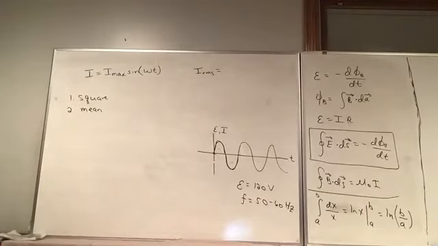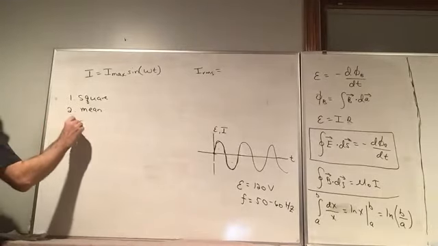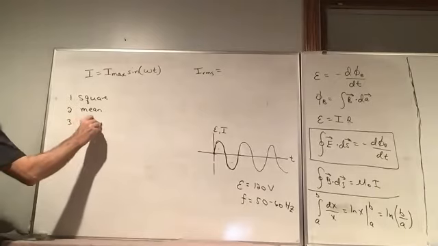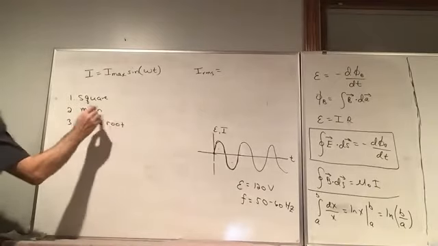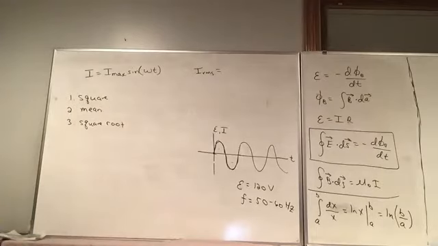We're not talking about a current anymore. So the next step is take the square root. So we square it to make it positive, then take the average, then take the square root. And now we're back to amps. And so the IRMS, that's called root mean square.